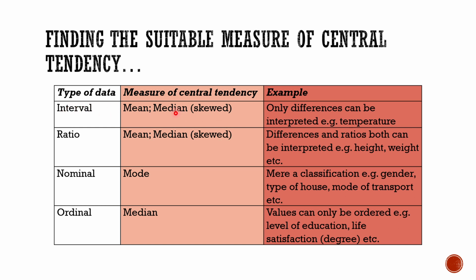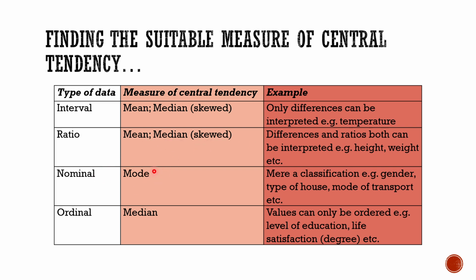If you have skewed distributions, you can use median, otherwise you can use mean. In ratio variables, where differences and ratios both can be interpreted, for example height and weight, where a true zero exists, you can use mean, or median in case of a skewed distribution.